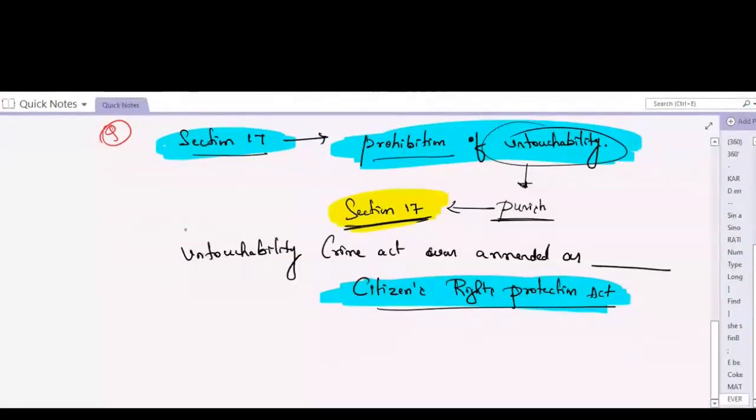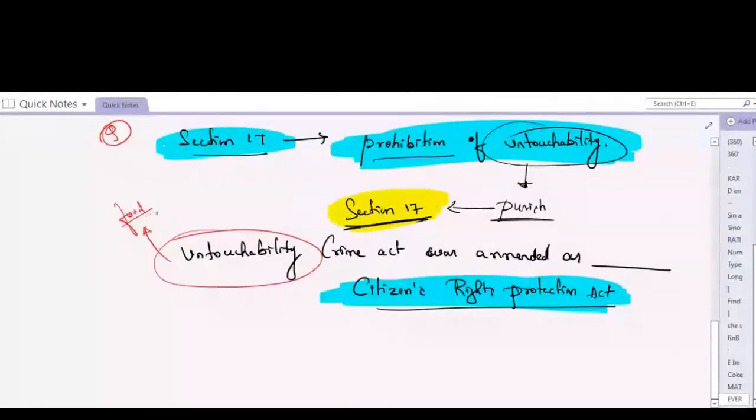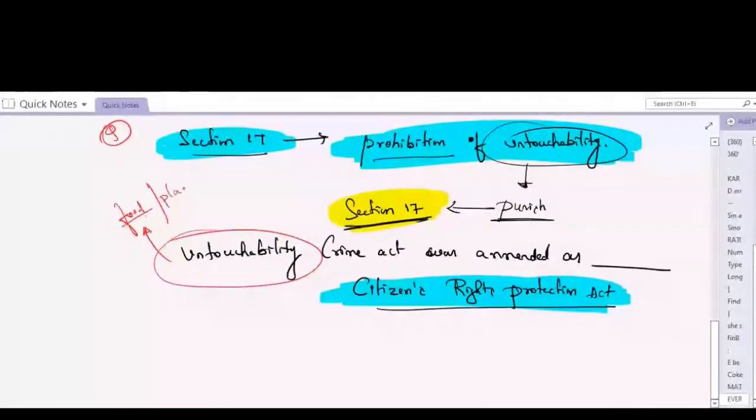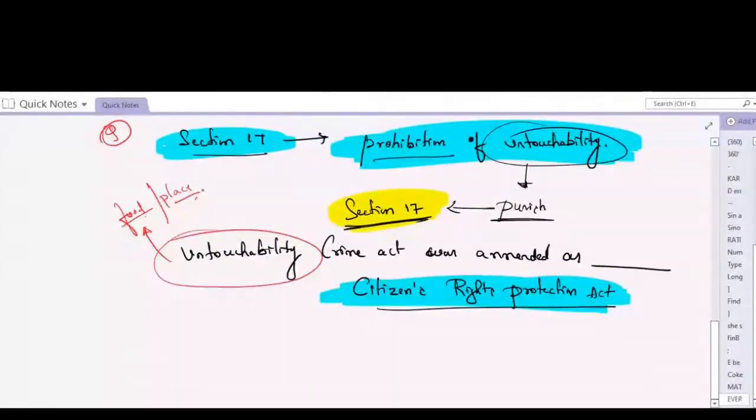See, first we were following untouchability, no? Hence, who are called untouchables. The food they eat, we never touch it. The place where they sit, we avoided.